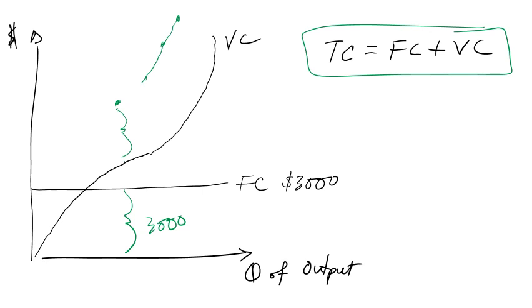And it's of course going to be parallel to your variable costs, but it's going to be a $3,000 gap at any given Q between variable and total. Okay? Hopefully that helps you to see that.